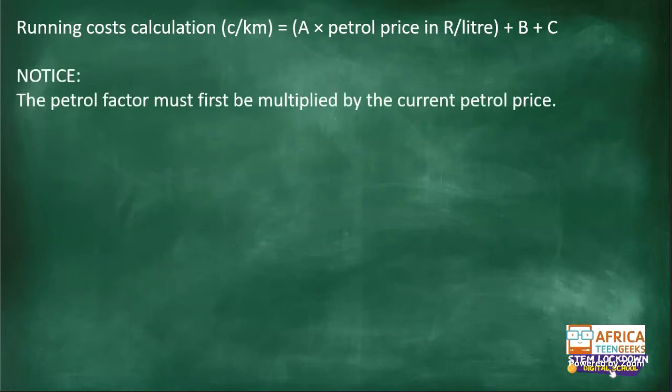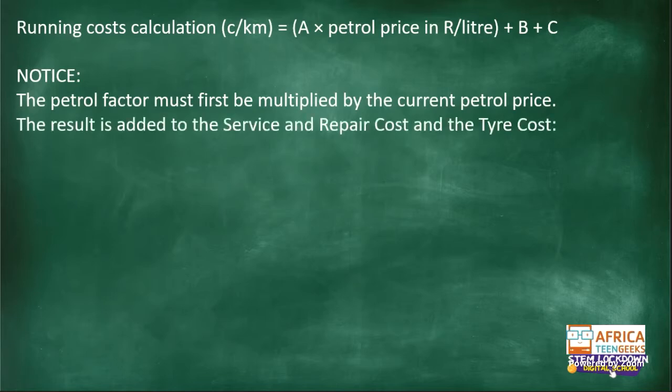Yes, of course, please notice that the petrol factor must be multiplied by the current petrol price, as I've already told you. So we are now going to multiply the petrol factor by the current petrol price. And the result of that must be added to the service and repair cost, as well as the tire cost. So there are three things there that you are going to add.